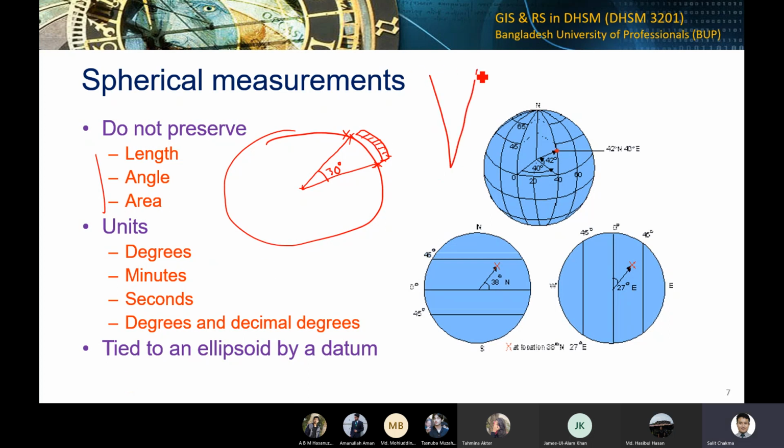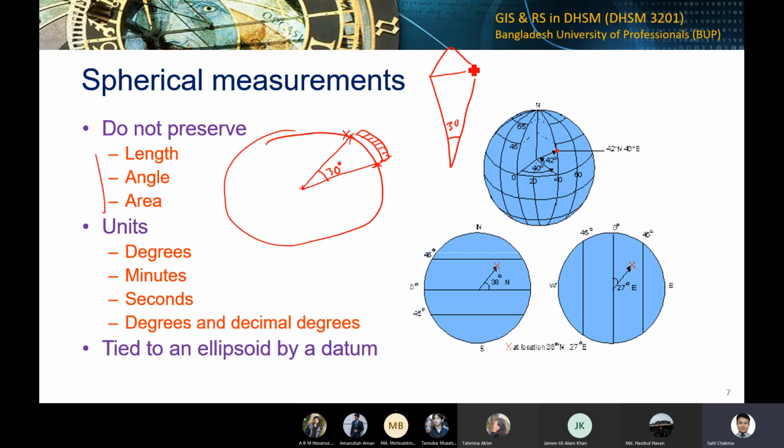If you have, this is the 30 degrees. Now the topography, if topography is flat, simply flat, the distance between these two would be different, and thus the area would be different. If it's something like this, elevated, then the distance between these two points would be different, thus the area would be changing.